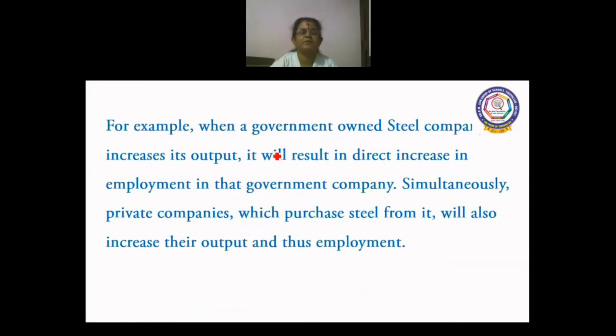For example, when a government-owned steel company increases its output, it will result in a direct increase in employment in that government company. Simultaneously, private companies which purchase steel from it will also increase their output and thus employment. Take for example SAIL, Steel Authority of India Limited.